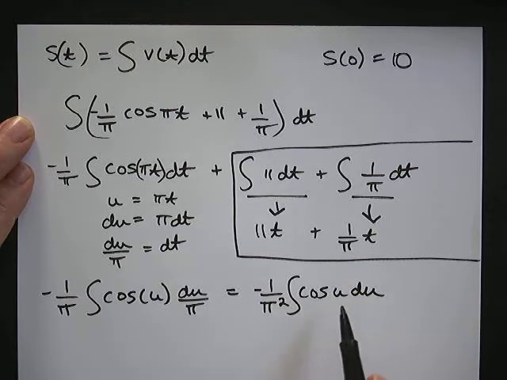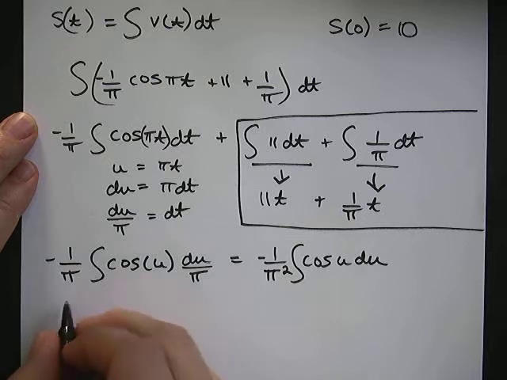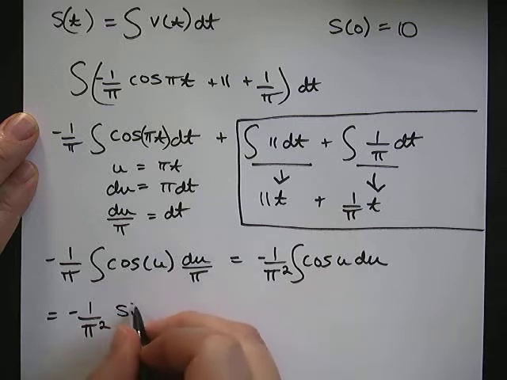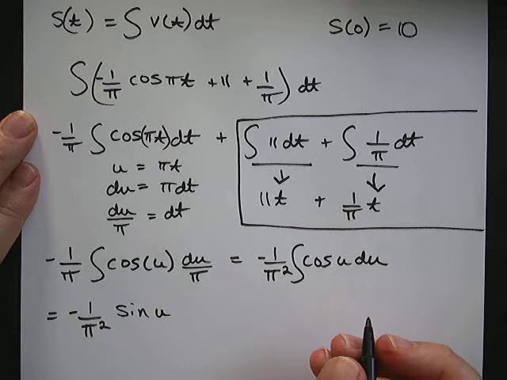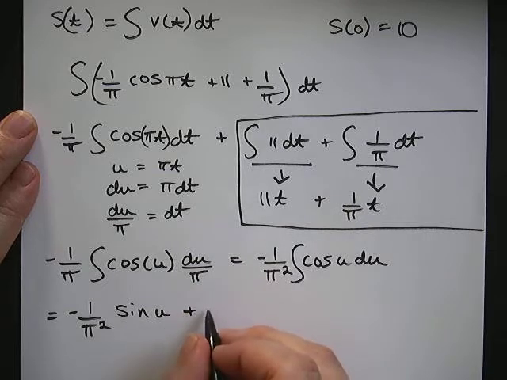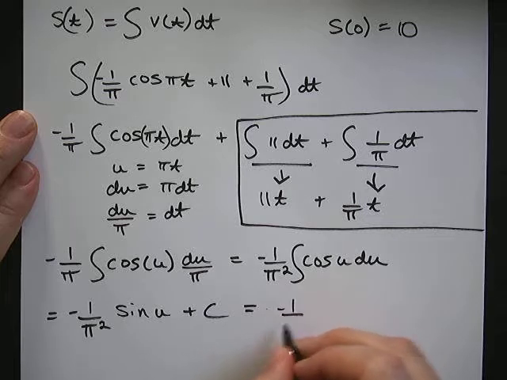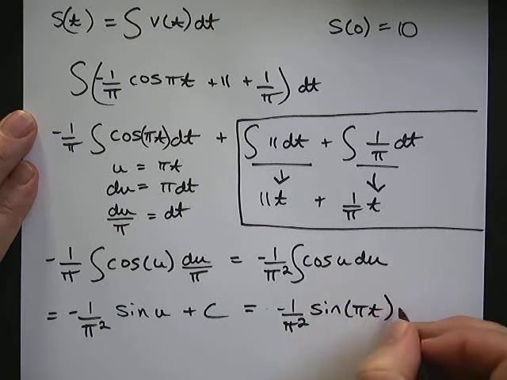The antiderivative of cosine is sine. So we get negative 1 over pi squared times sine of u plus c. If we substitute in the u, we get negative 1 over pi squared sine of pi t plus c.